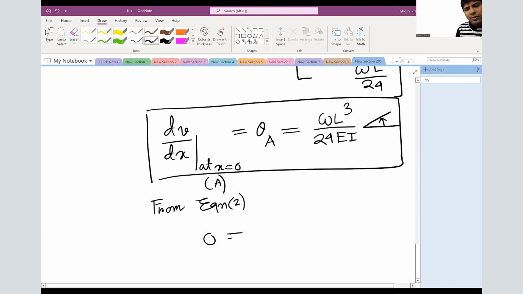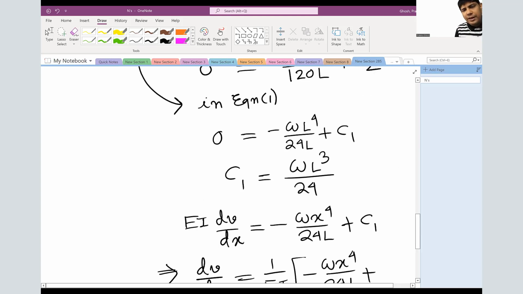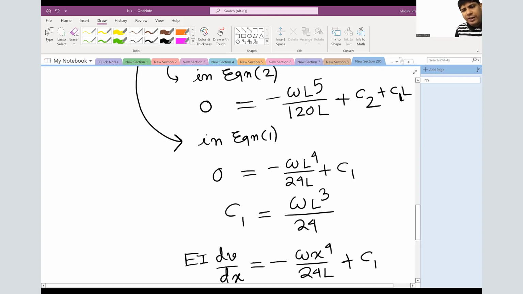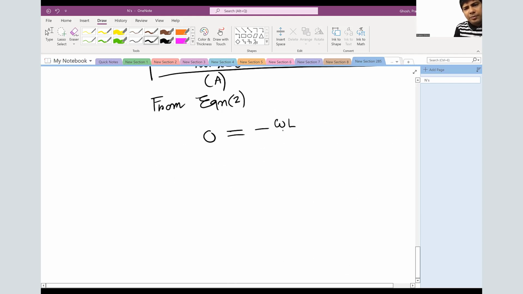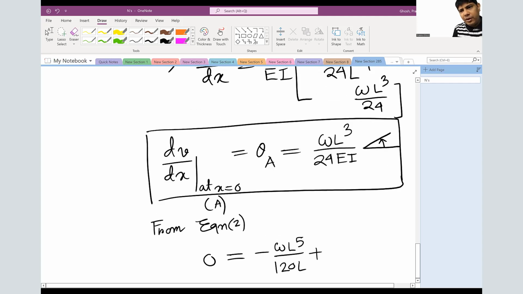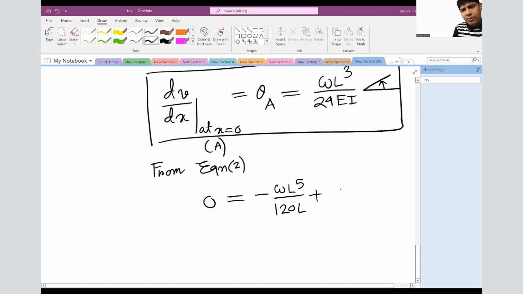Zero is equal to negative WL^5 over 120L plus C1 L, which is your WL cube over 24, plus C2.